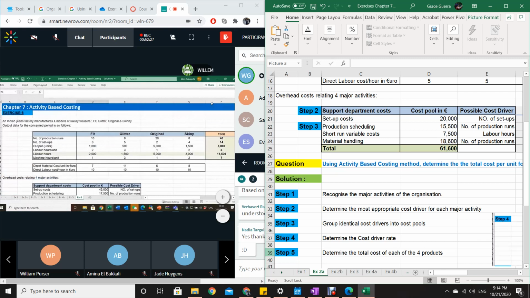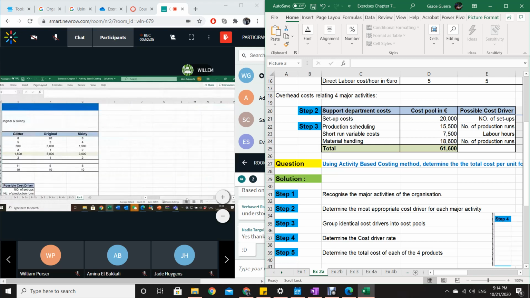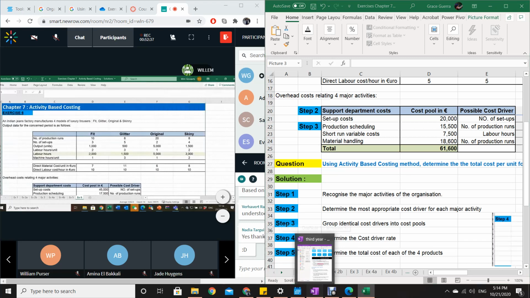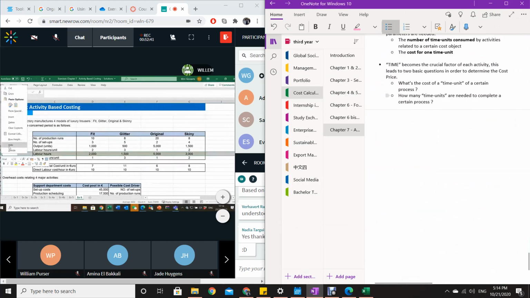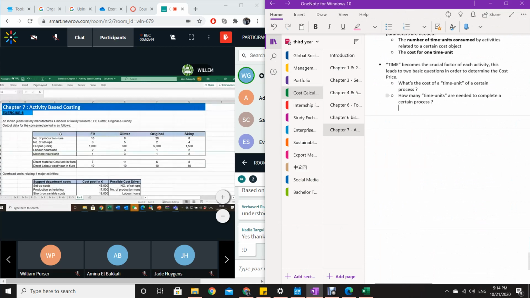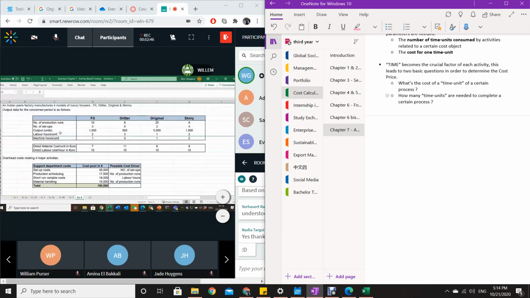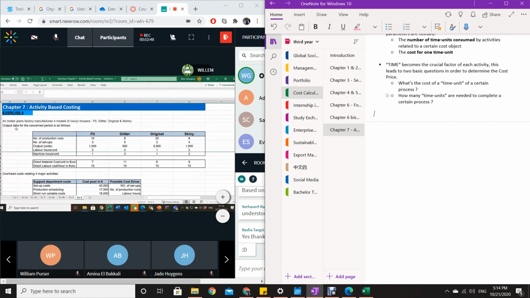It's about jeans. So at the end you see it's quite always the same. An Indian jeans factory manufactures 4 models of luxury trousers: fit, glitter, original and skinny.